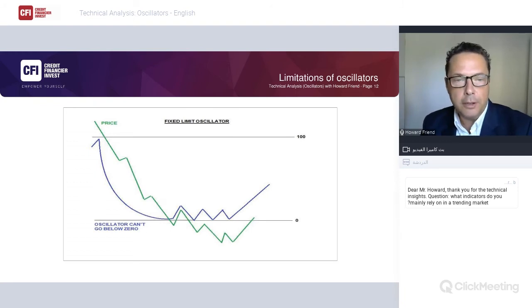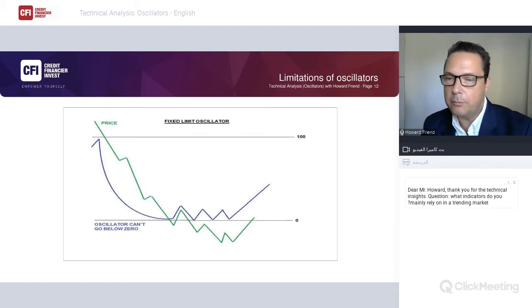And the oscillator goes along with the price, but when the oscillator gets towards that 0 line, obviously it can't go any further than 0. So the price continues lower and the oscillator is not making moves to lower lows. So there's a kind of artificial barrier to the oscillator.